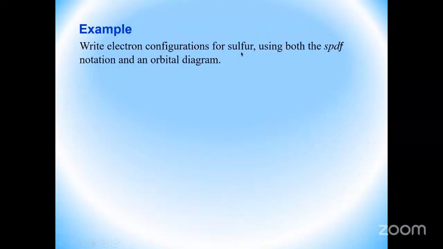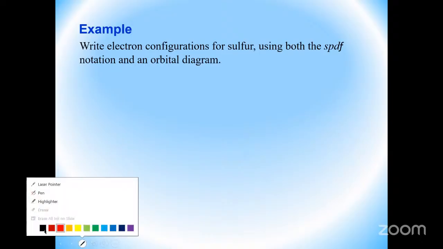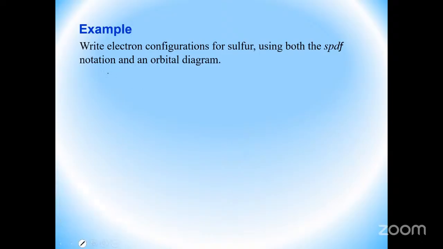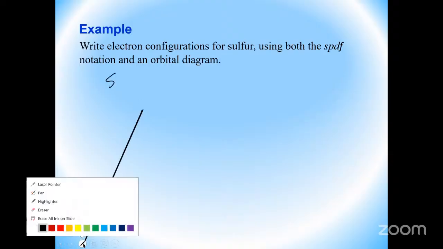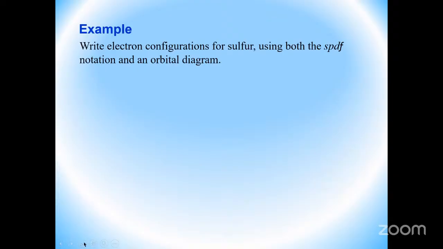Here, we might as well work this example. Write the electronic configuration for sulfur using both SPDF and orbital diagram. First thing we would look for is the atomic number of sulfur, which is 16.